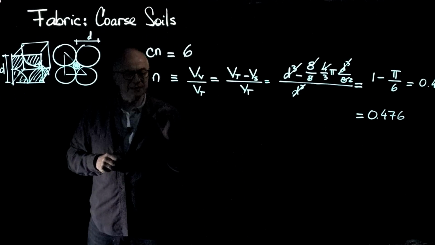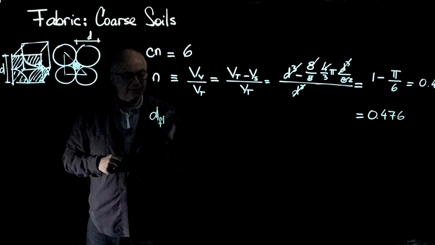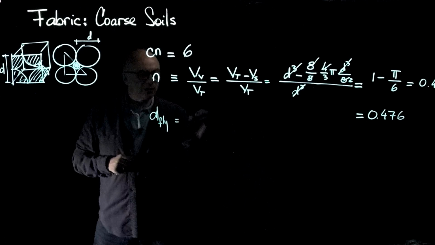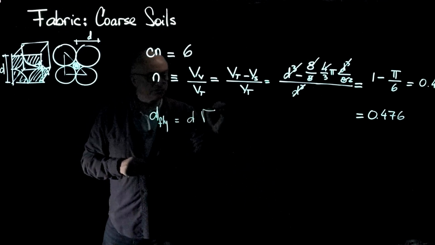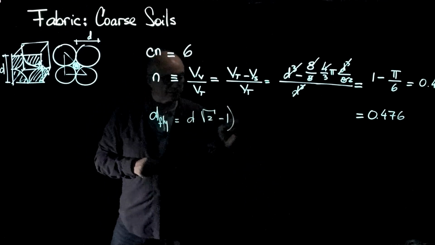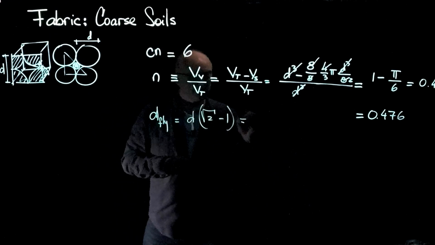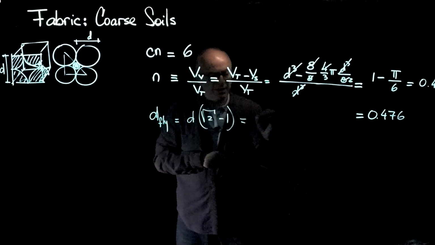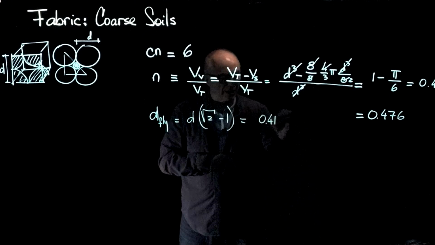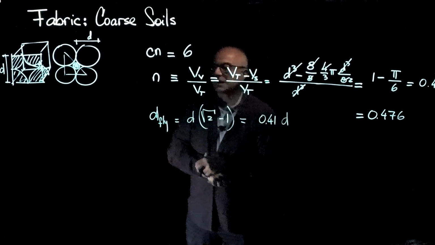Therefore, the size of the particle that can fly through is equal to d times (square root of 2 minus 1), which is 1.41 minus 1, 0.41, the diameter of the large particles.